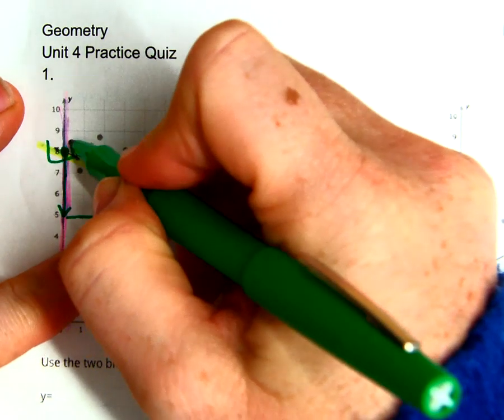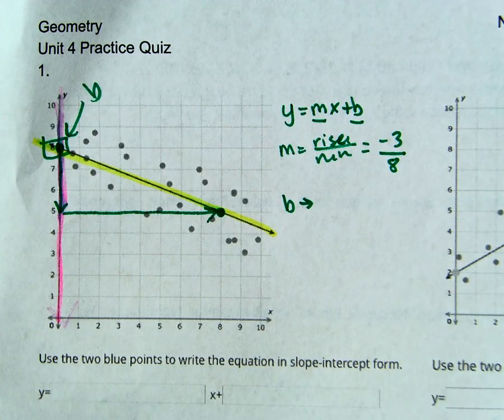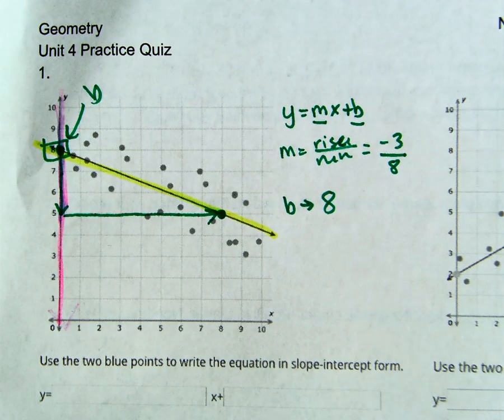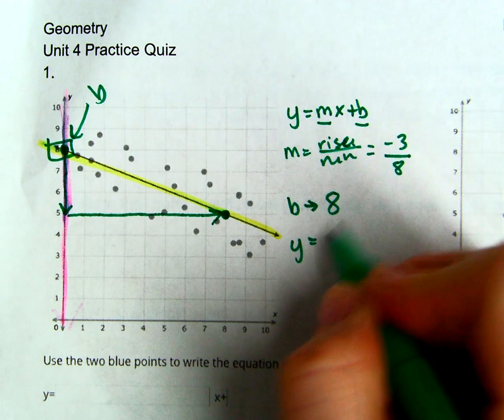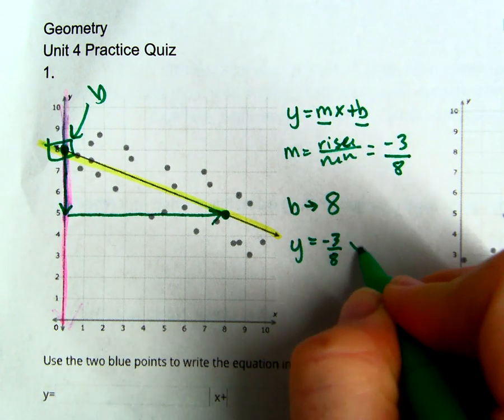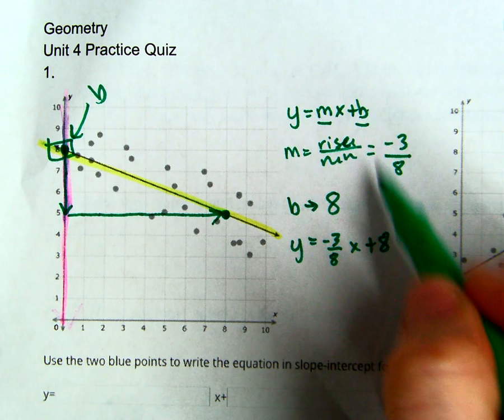Right here at 8. If you can see where the line intersects the y-axis, you have b. There is absolutely no reason for you to solve for it. So you have y equals -3/8x plus 8, right, where I plug m in and b in.